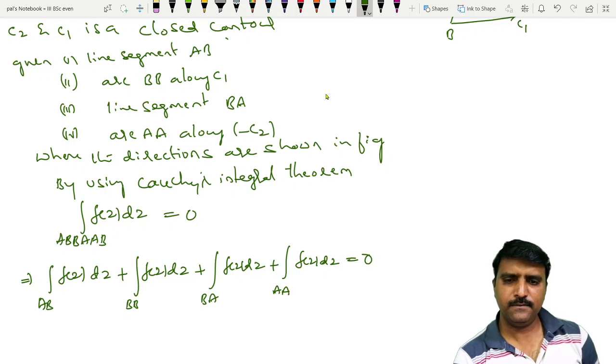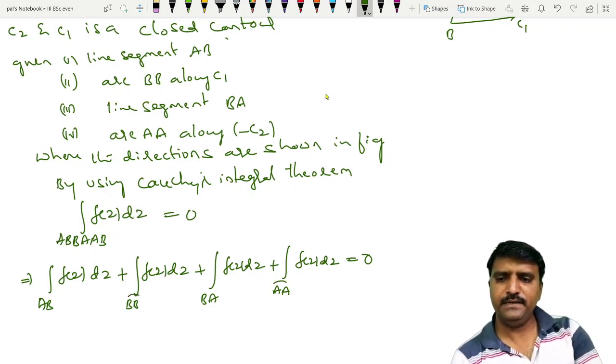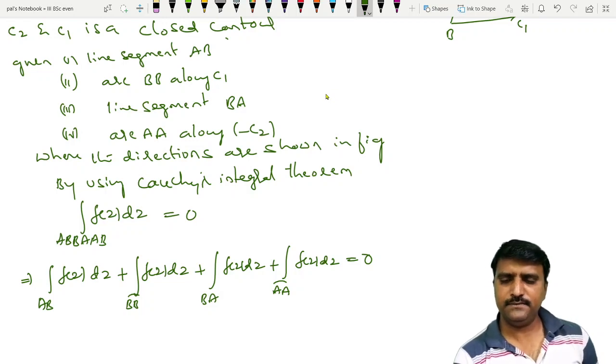BB is an arc, AB is a straight line, and BA is a straight line.